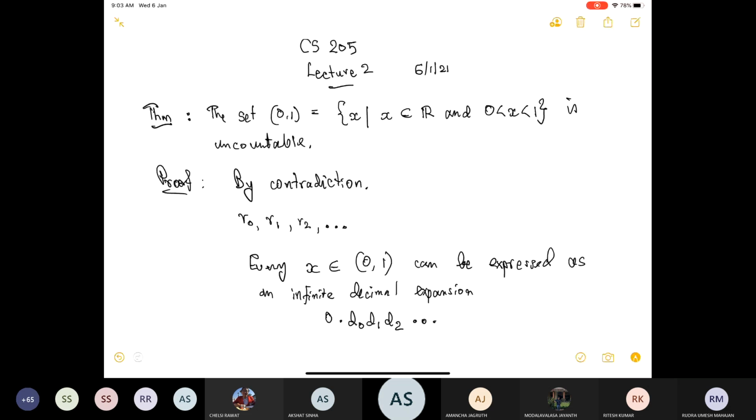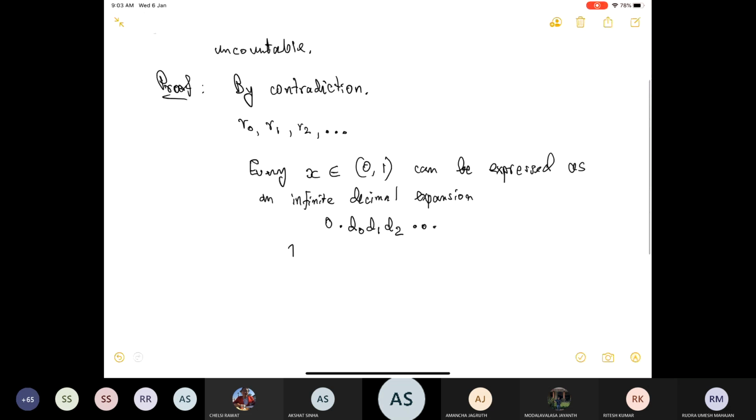For instance, 1/3 is, well, I'll drop the 0. It's just an infinite sequence of 3's after the decimal point. There is a technical point here. If you want to express 3/10, this actually has two representations.